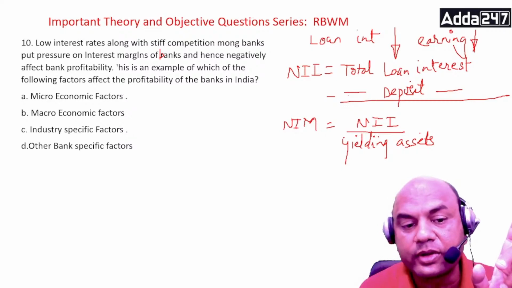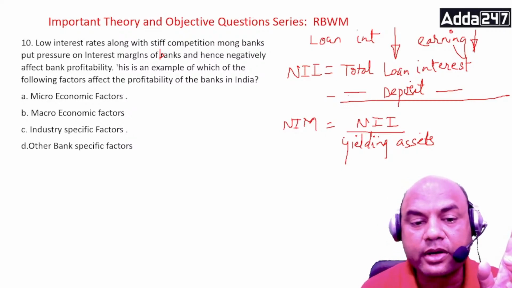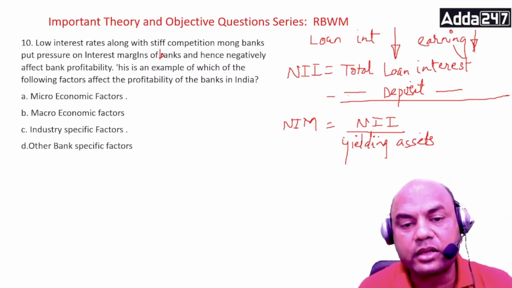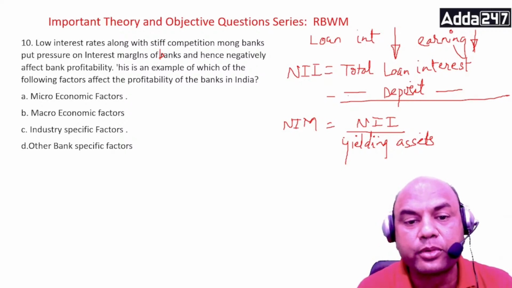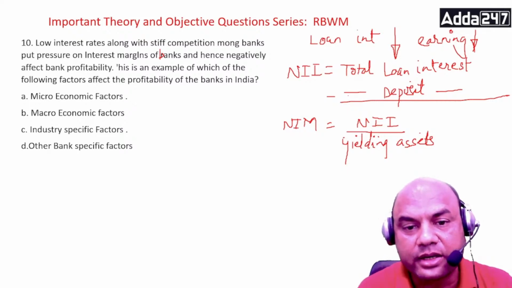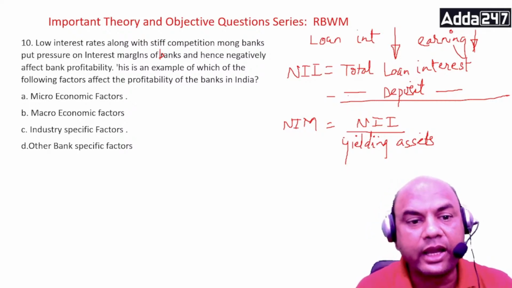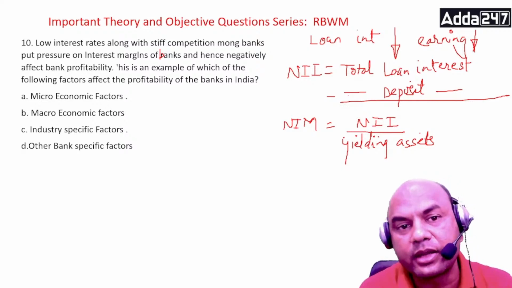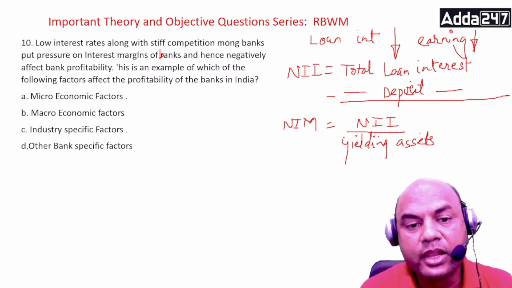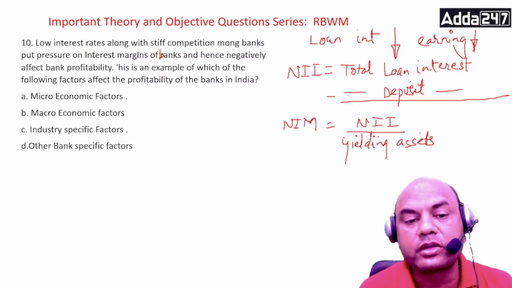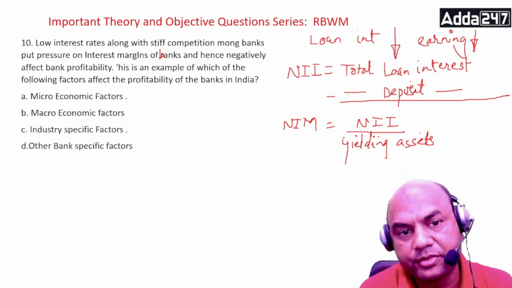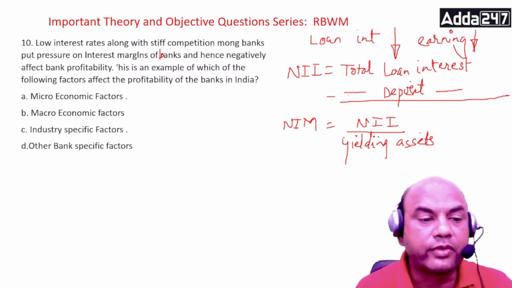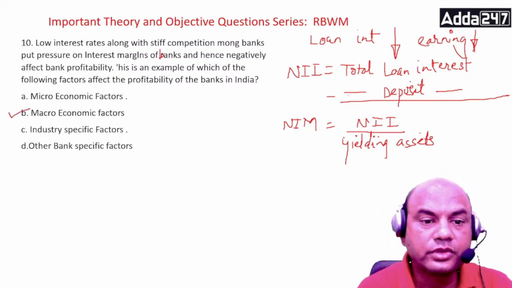That's important. Otherwise, everything is the same. All of them are affecting, but the first sentence is important. Low interest rates along with the stiff competition among the banks put pressure on the interest margin of the banks, and hence negatively. So low interest rates. Why are low interest rates coming? Because of that competition. So interest rates are going down because of world level problems. World level. So that's why it becomes a macroeconomic factor. Macro. Okay.